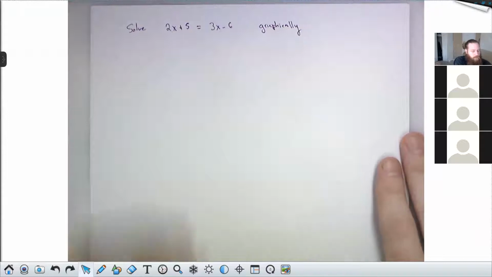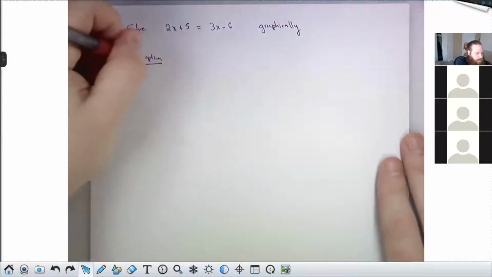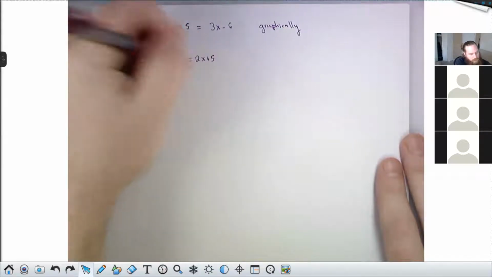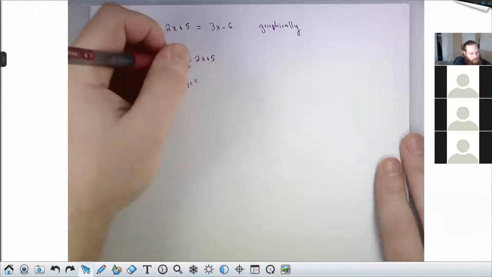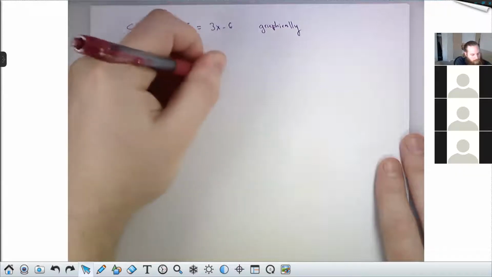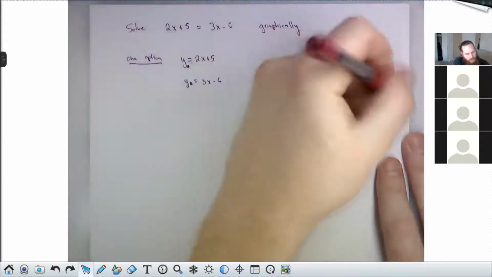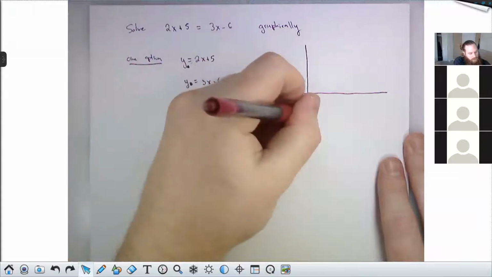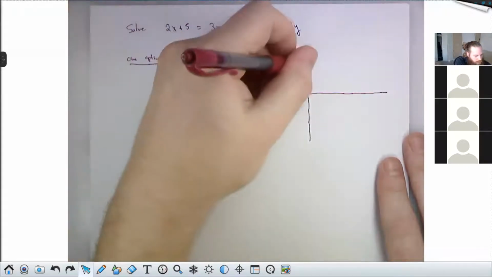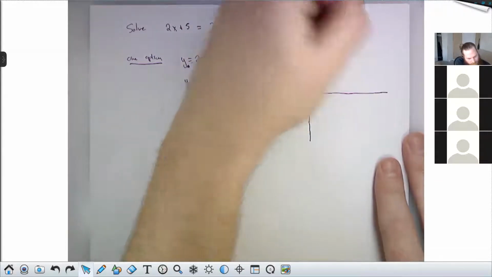And one way to approach this, one option, is to graph the two lines, y equals 2x plus 5, and, we'll just call them both y, y equals 3x minus 6. We can graph both of these. 2x plus 5, of course, is a line with slope 2 and y-intercept 5, it'll look something like this.